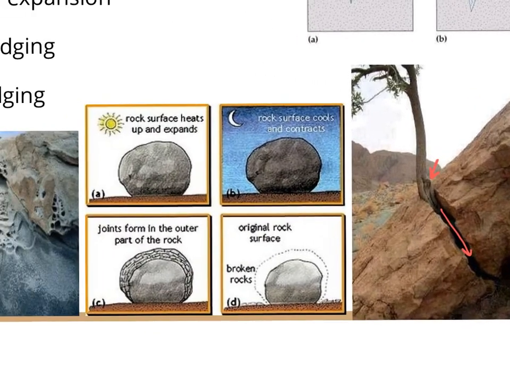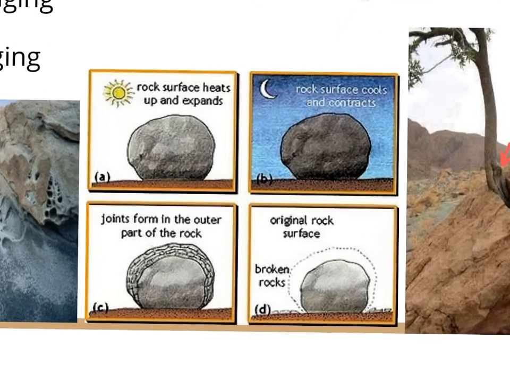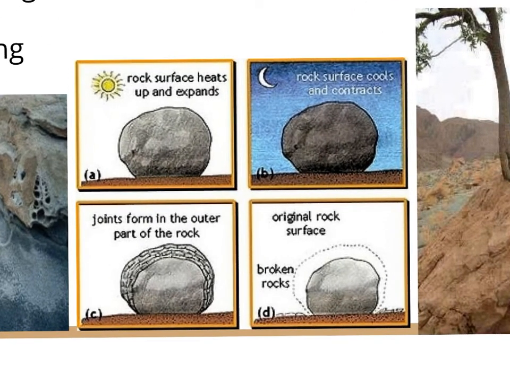A third type of mechanical weathering is called thermal expansion. So warmer things expand when they heat up, and a rigid surface like rock, when it expands and heats up and then cools down and contracts, it can actually weaken parts of the rock.